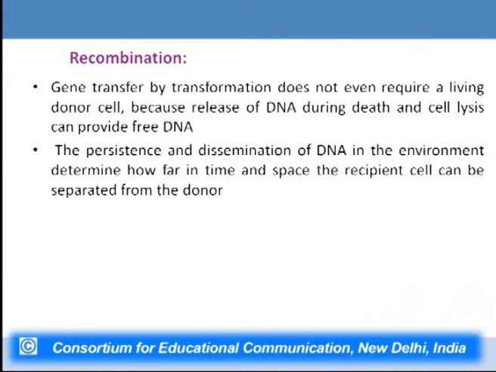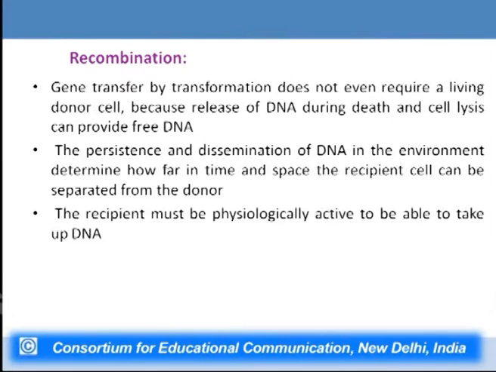So if a bacterial cell is lysing and releasing its DNA in an environment in which a lot of DNase is present, then that DNA will be cleaved or digested, and no DNA will be left for uptake by the recipient bacterial cell. So in that particular case, there won't be any transformation. So the essential requirement is that DNA should be kept stable for a long period of time.